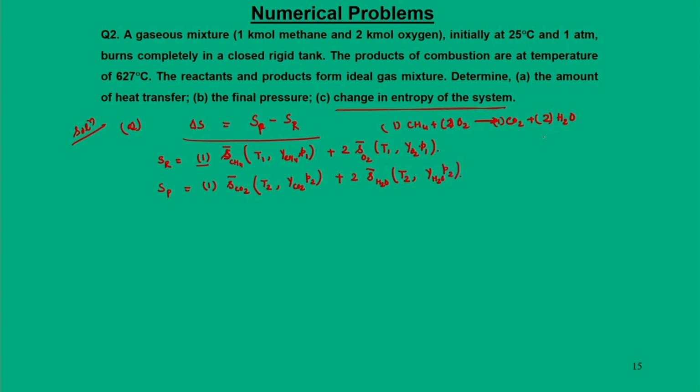All these things we know: P1 1 atmosphere, P2 3 atmosphere, T1 298 Kelvin, T2 900 Kelvin. Then you have to calculate each individual parameter.